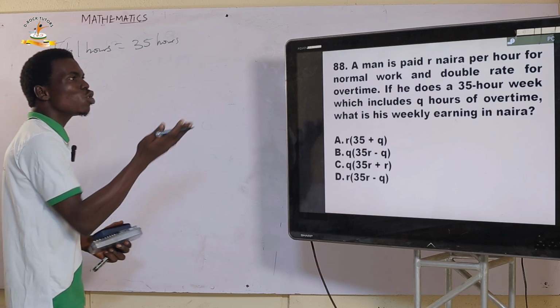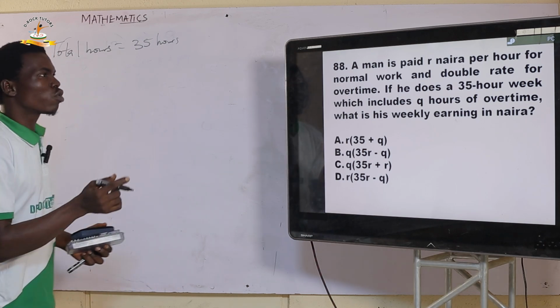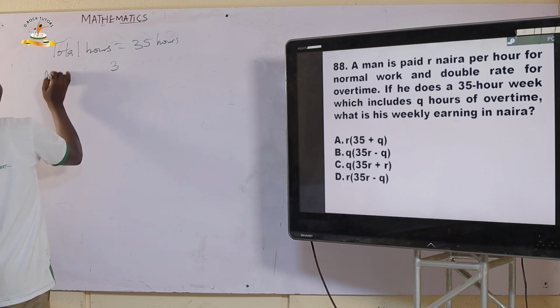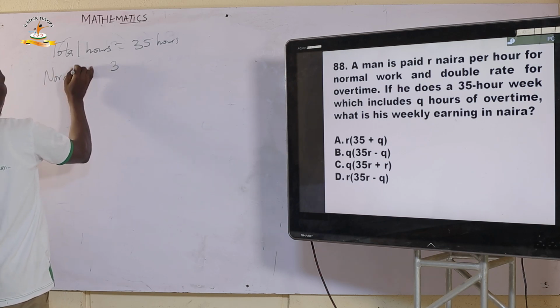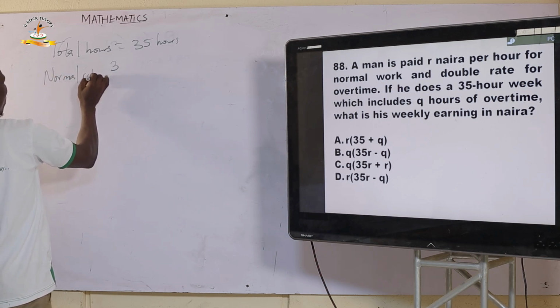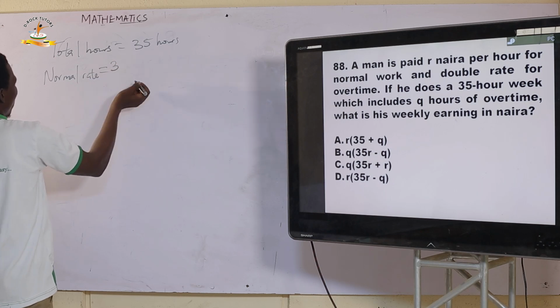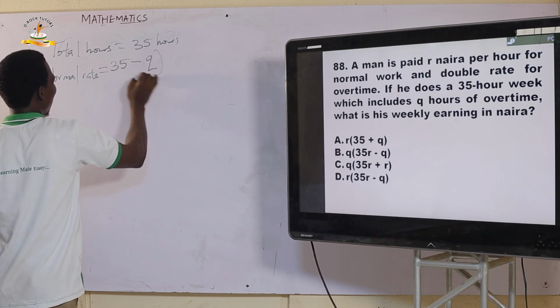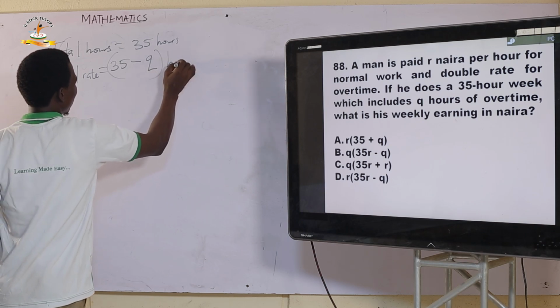So the time he did at normal rate was just 35 minus his overtime, which is Q hours.